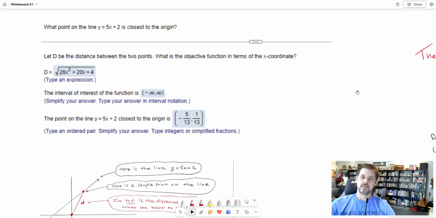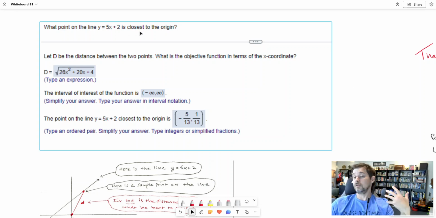Greetings, everybody. So I have another optimization problem for you, and this one sounds a little bit different than the others. At least I think it does. But when you see this word closest, that sounds like an extreme, like closest, furthest, maximum, minimum, things like that, right?